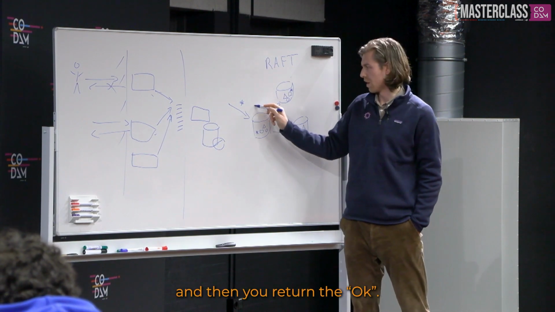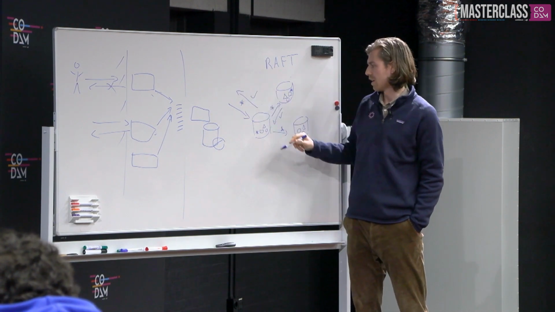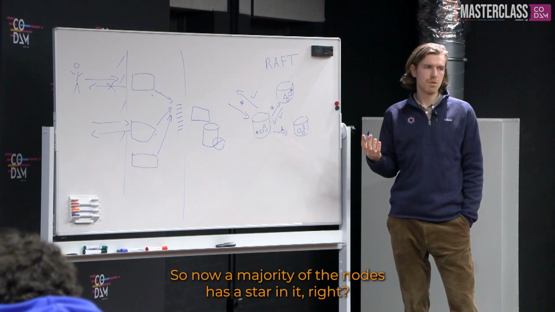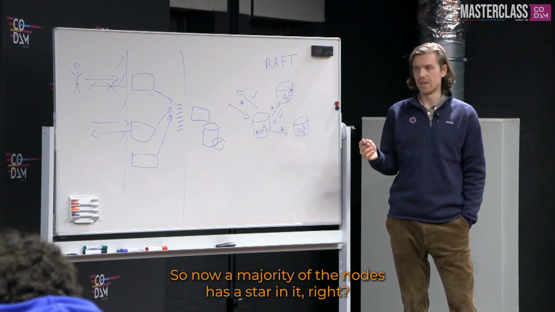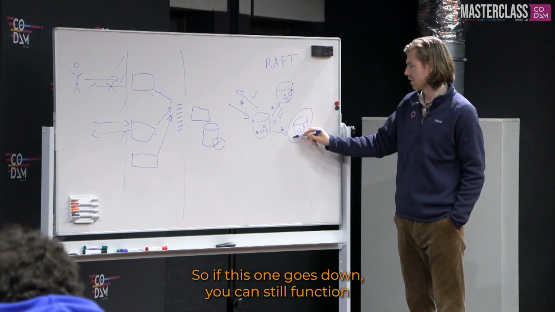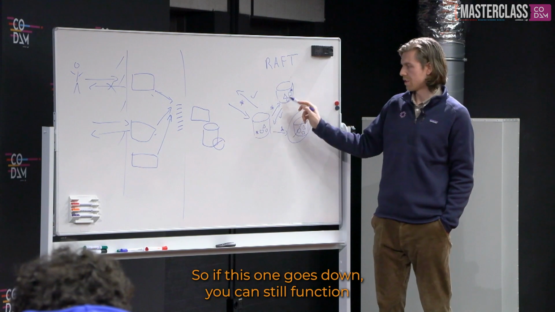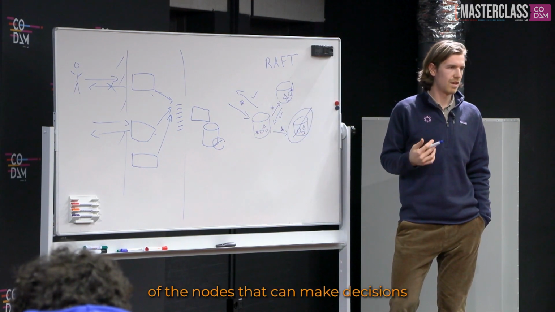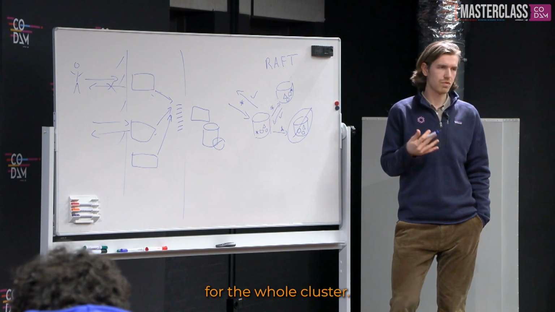And then you return the OK. So now a majority of the nodes has a star in it, right? So if this one goes down, you can still function because a majority of the nodes can make decisions for the whole cluster.